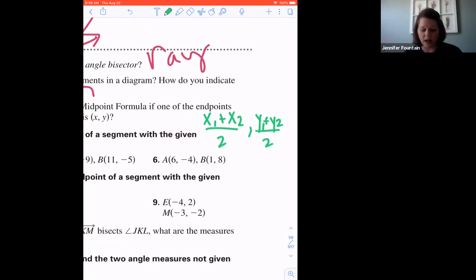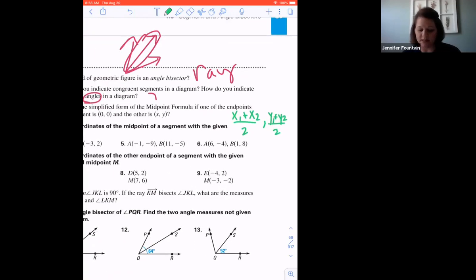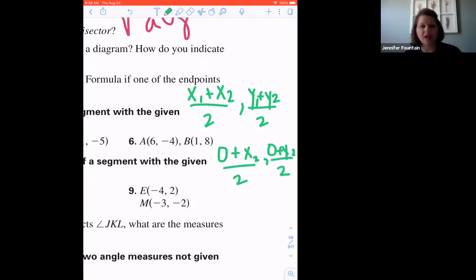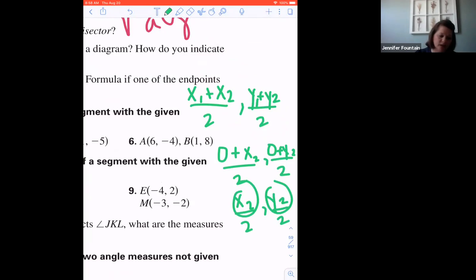So it's saying, well, what if one of the endpoints is 0, 0? So let's go ahead and put this in as 0 plus x2 divided by 2, 0 plus y2 divided by 2. I could simplify that as just having x2 over 2, y2 over 2. Okay, so it would just be whatever those other x and y coordinates are divided by 2.